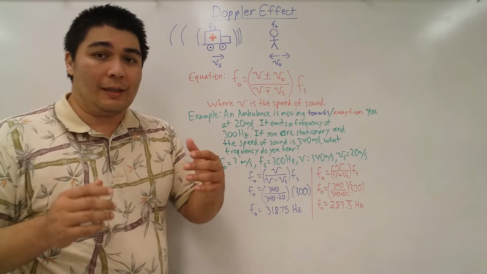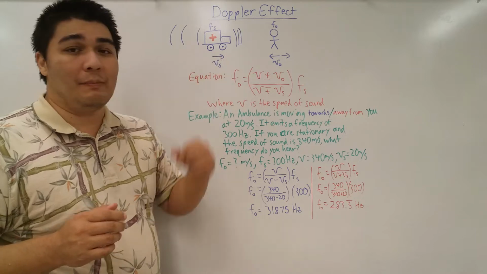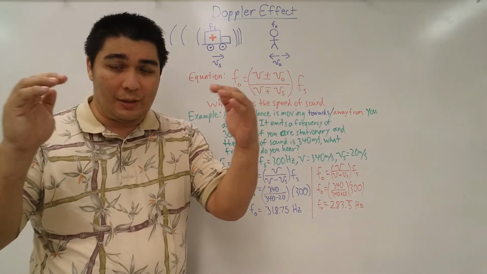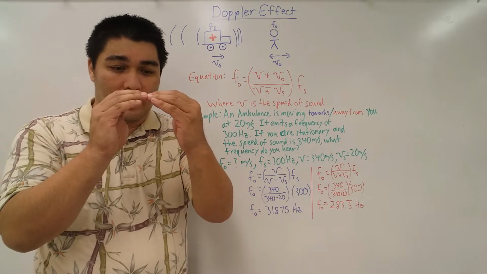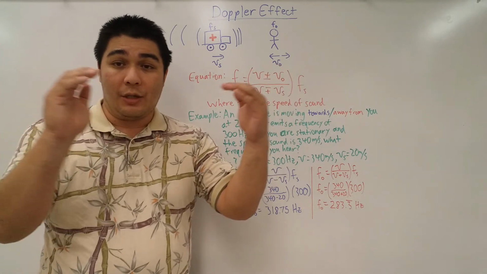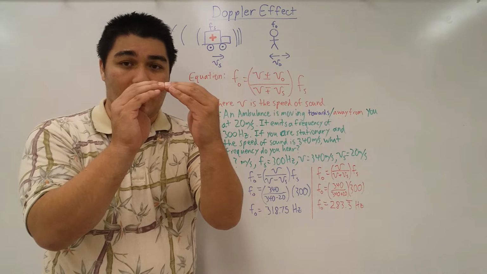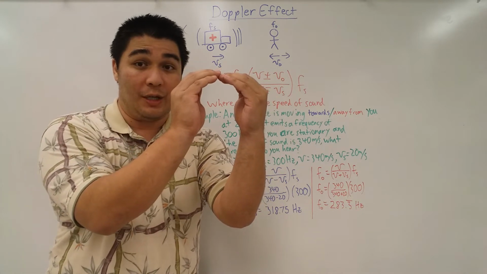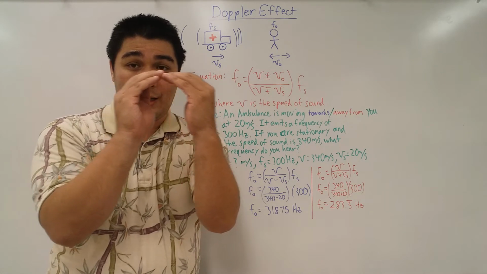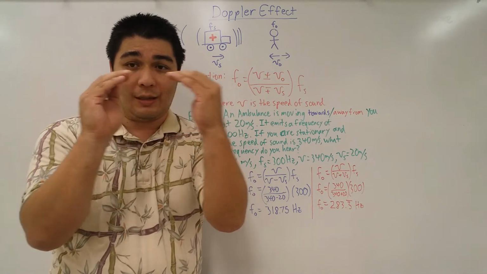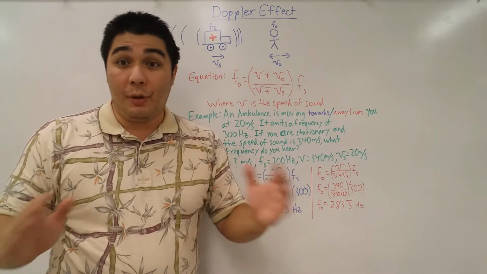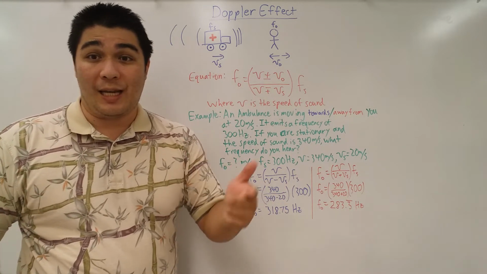The sound emitted by the source leaves the source and goes out at the speed of sound. If the source moves, you've got one pulse that goes out like this, but then the next pulse starts over here, because the source was here, and now it's here. Both of those pulses move at the speed of sound.